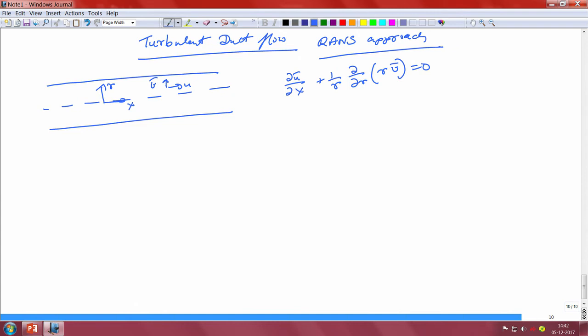is equal to 0. That is the continuity for u. Okay.